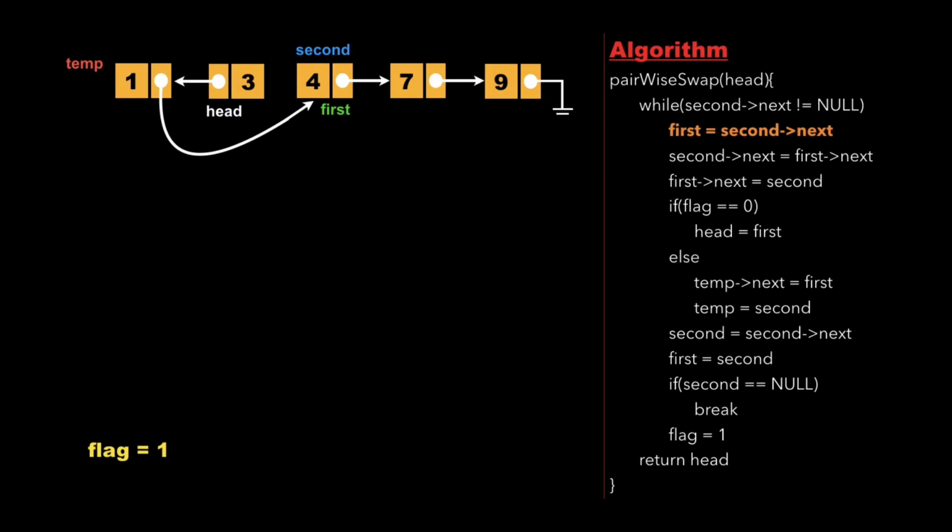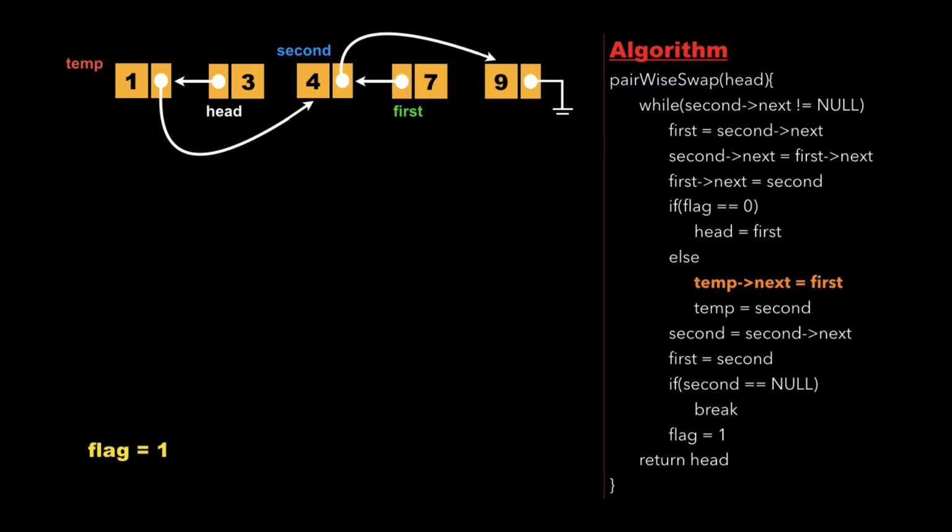So again we enter the while loop, we make first as second of next. So now first points to the node 7. Then we make the next pointer of node 4 point to the node 9 and we make first of next as second, that is we swap the next pair which is 4 and 7. This time the value of flag is not equal to 0, so we are in the else part.